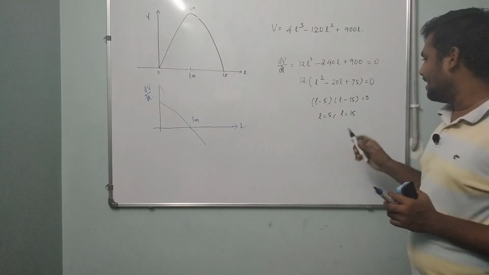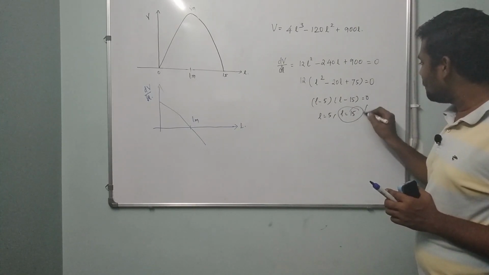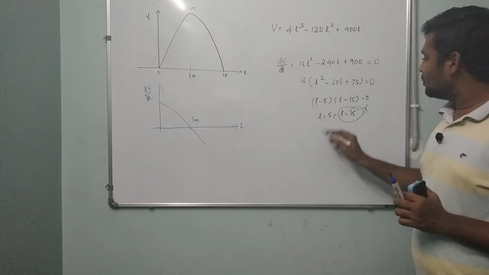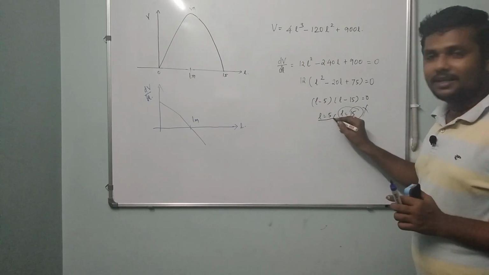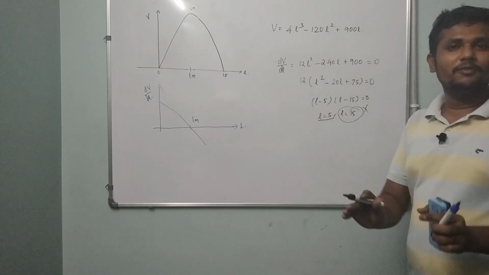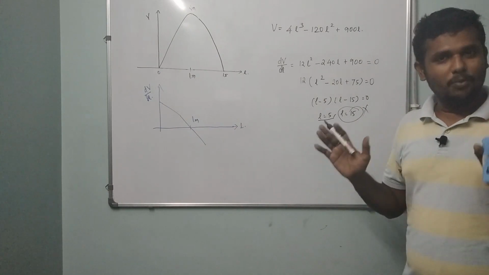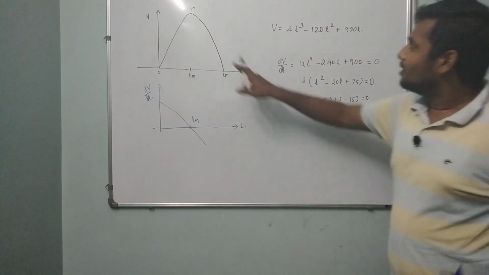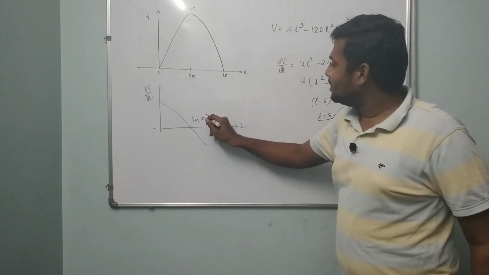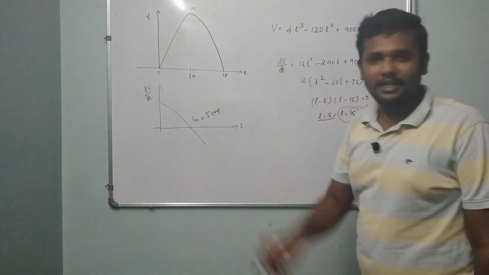So this will not give the maximum volume of the box. But if we cut with a length of 5 centimeter, definitely we will get the maximum volume of the box. So this point is Lm equal to 5 centimeter.